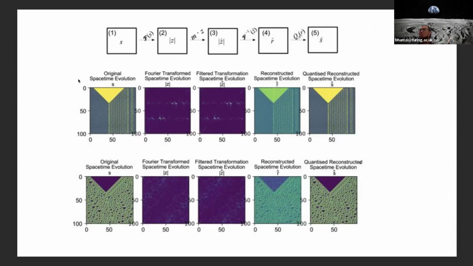On the next image along is the filtered transform, the optimally filtered, ideally, so you've masked out as many coefficients as possible. The next image along is the lossy reconstruction using the inverse Fourier transform. And then the quantized, or binarized, version is the final image, where it retrieves the original binary image.